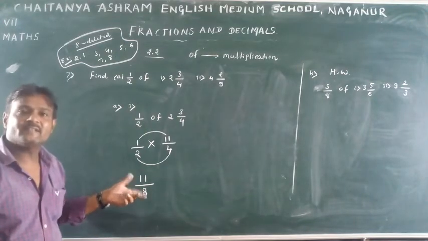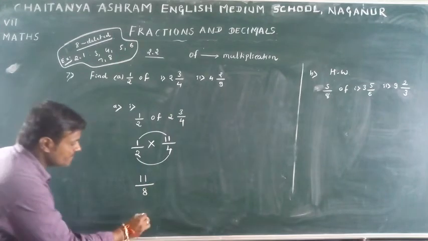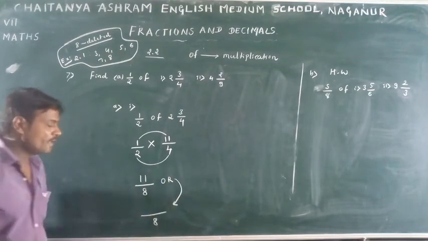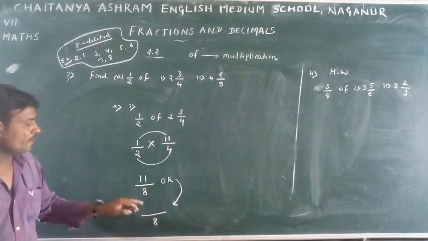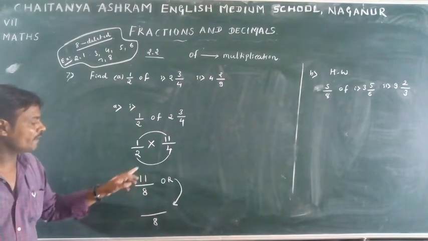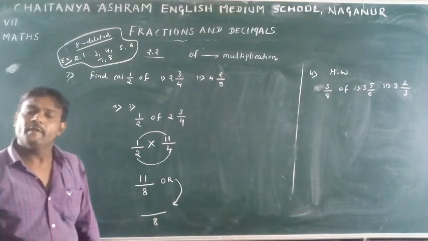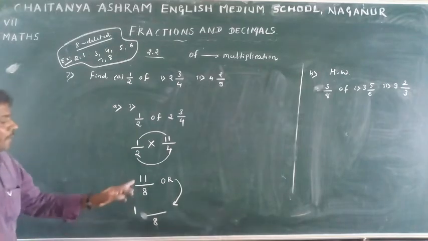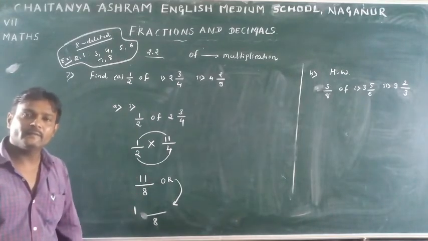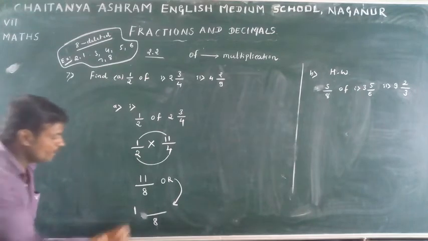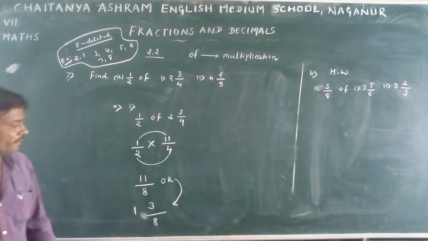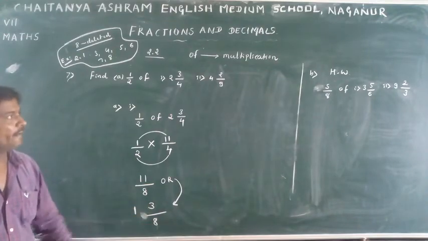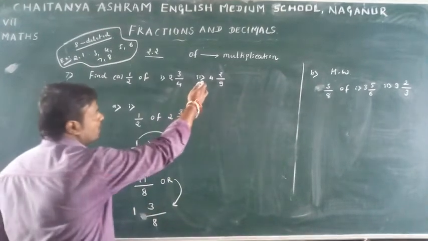Or you can write the same answer in another way, as a mixed fraction. Which is near to 11 in the 8th table? 8 only. 8 1s are 8. To get 11, how much should we add to that 8? 3. Okay, write that 3 on the numerator. 11 by 8 or 1 whole 3 divided by 8. Clear?